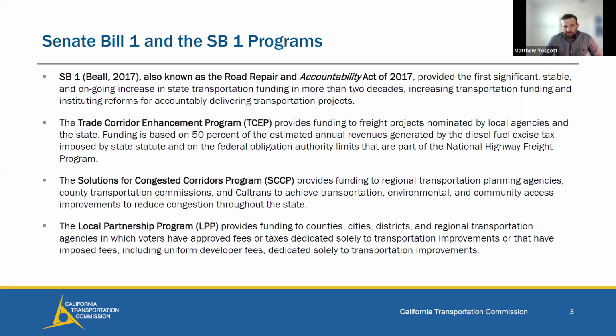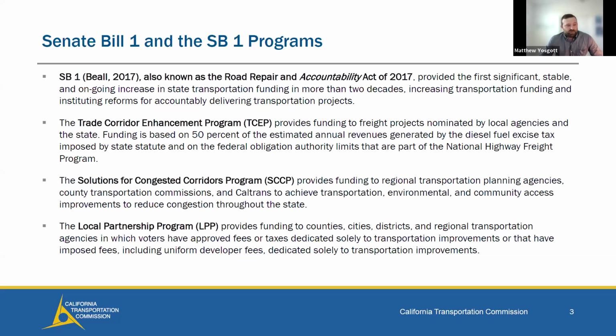The second competitive SB1 program is the Solutions for Congested Corridors program. And this program is intended to fund heavily congested corridors with multimodal options that allow travelers to opt out of congestion.